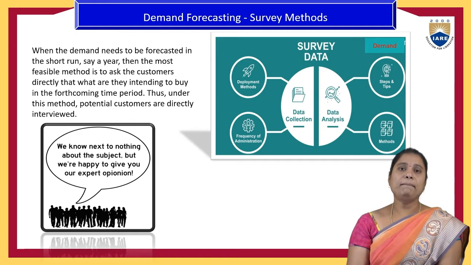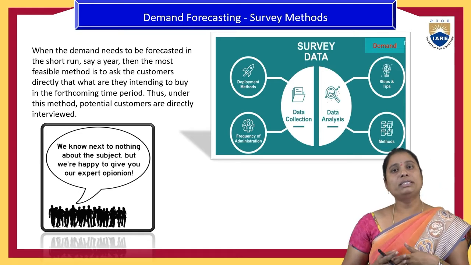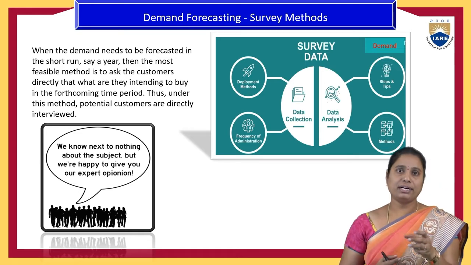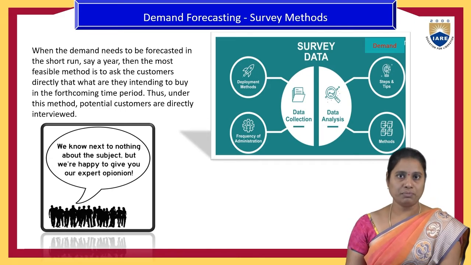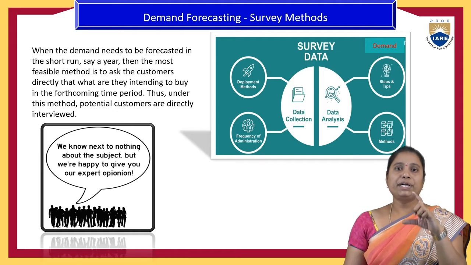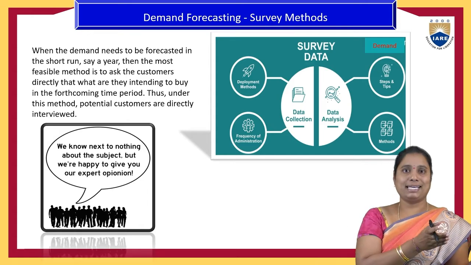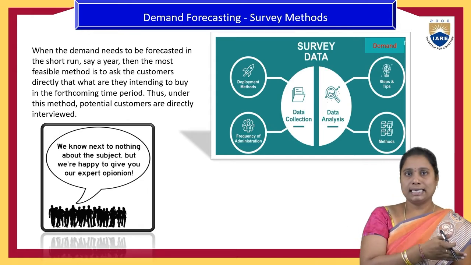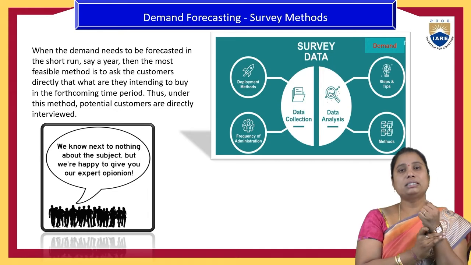For example, if a person wants to know what the demand should be for a particular product, a beauty care product, in the future, he has to set the objectives first of all. What kind of beauty product it is, which age group it is targeting, which gender, which economic levels of people.